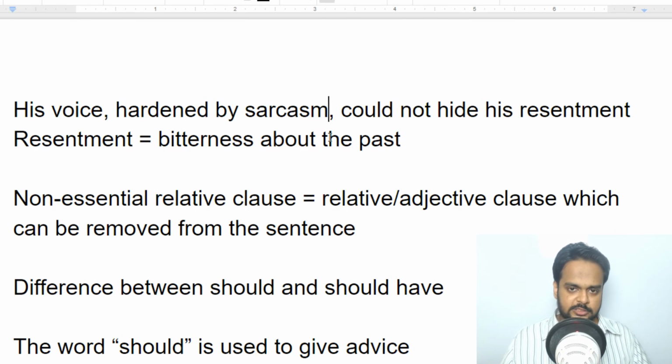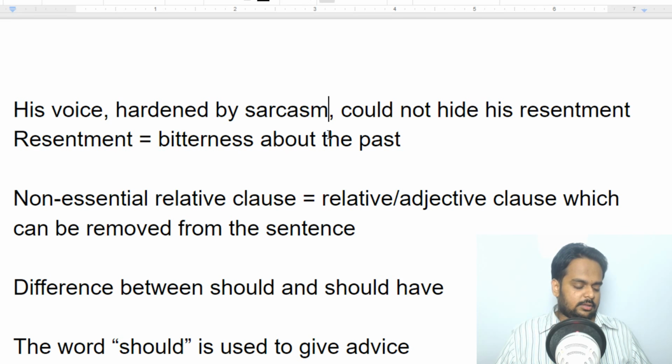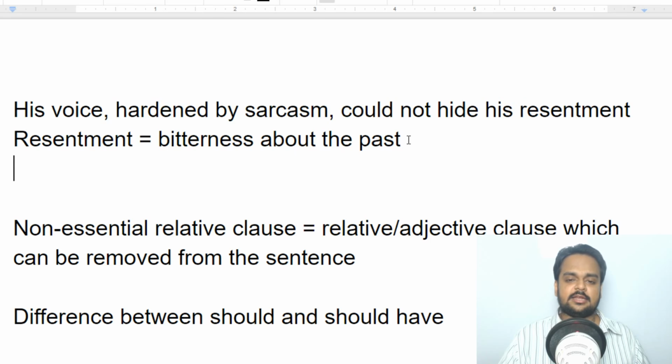Do you know the meaning of sarcasm? It means to have a mocking tone that is saying the opposite of what is true because it's trying to make fun of something or trying to highlight the fact that something is false. For example, let's say that I didn't receive my salary.